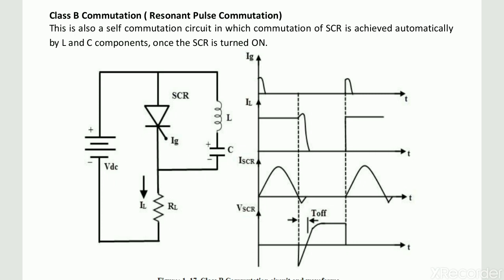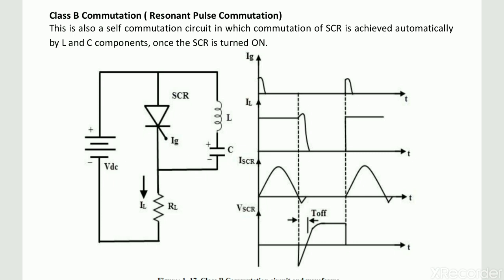So in this process the SCR is turned on for some time and then automatically turns off for some time. This is a continuous process and the desired frequency of on and off depends on the L and C values. This commutation is used in chopper circuits. That is the basic application of this commutation.